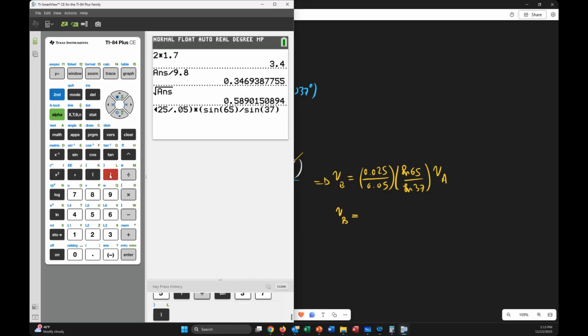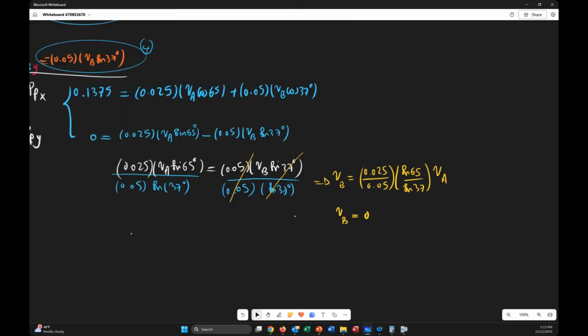Yes, calculate. What is the value that you get? You got the same value? 0.75. Okay, so I just rounded to 2 decimal places. It's going to be 0.75 VA. Good. Okay, what you do, you just plug these two here. Yes.